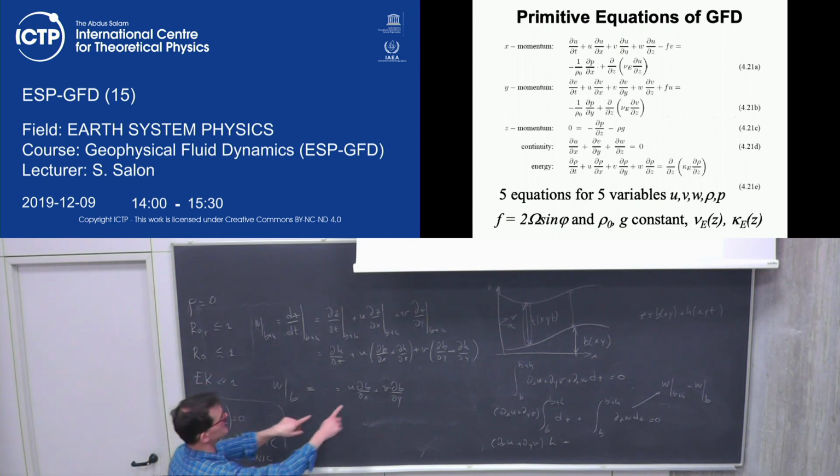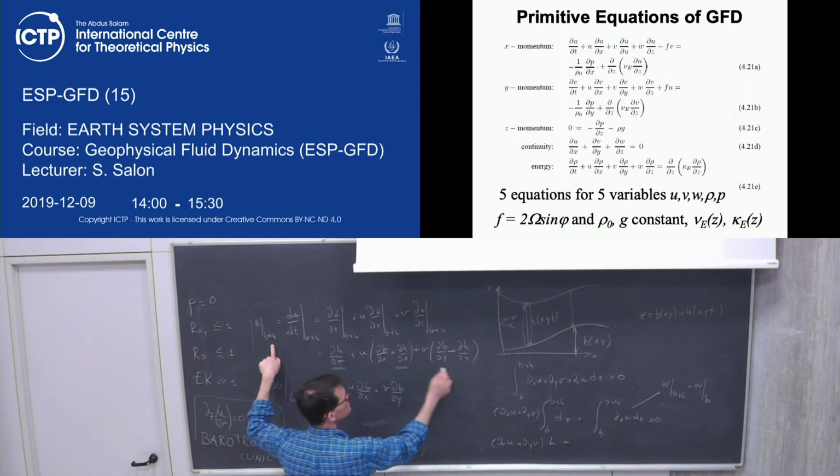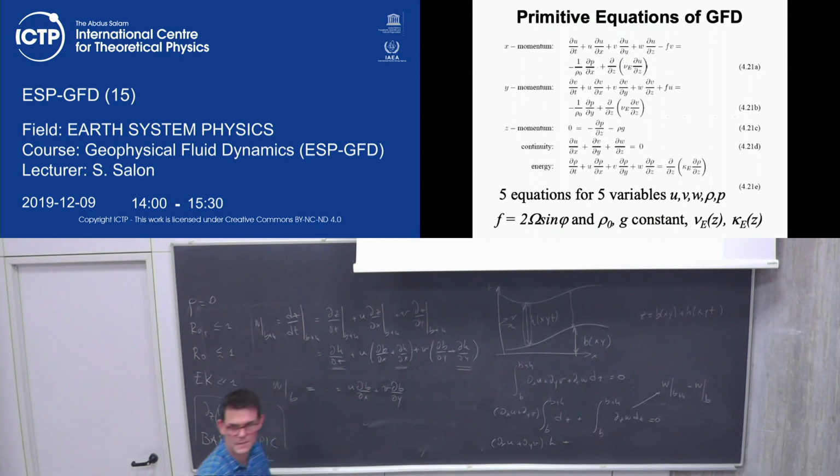When we subtract this from this, the only terms that will remain are these, so all the terms with b disappear. So we can say ∂th plus u ∂xh plus v ∂yh equal to 0.